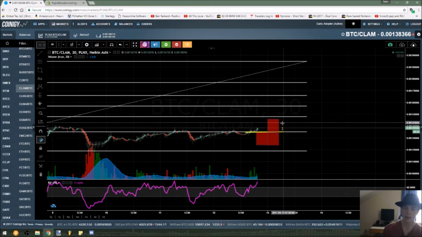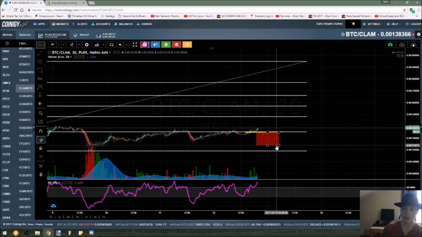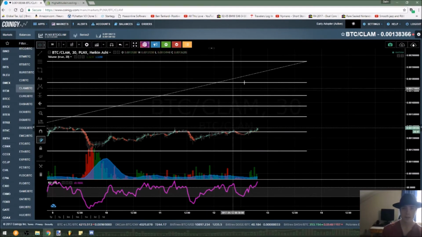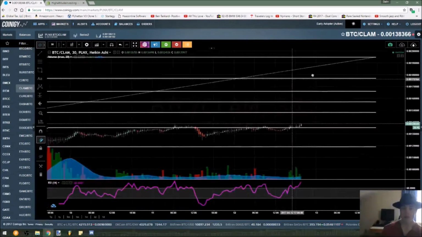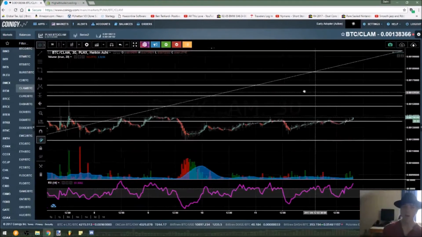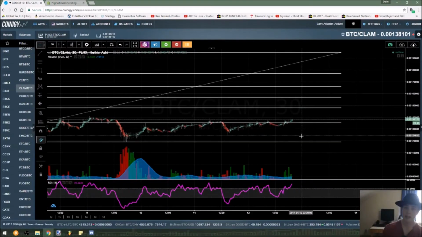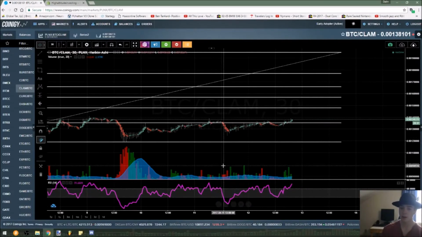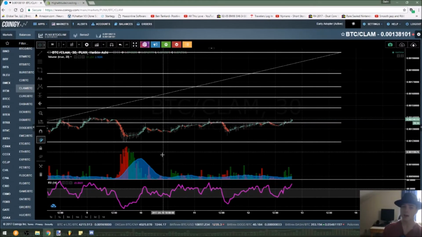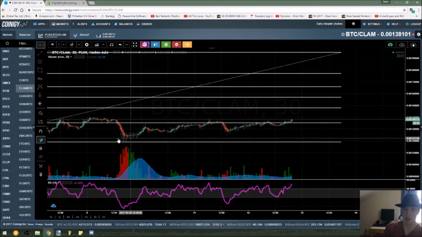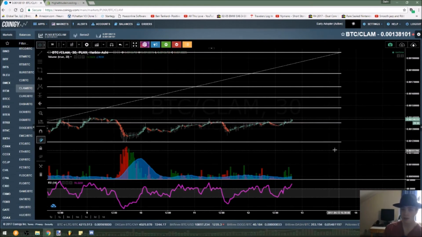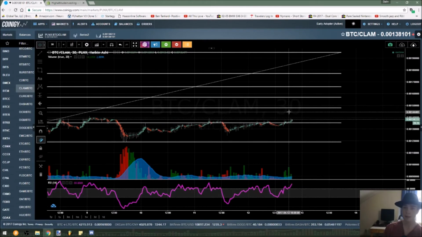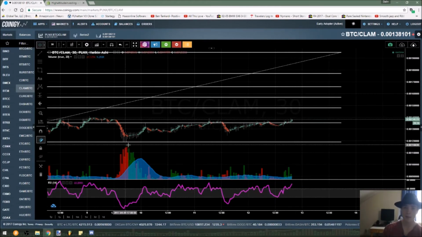Now let's get into the nitty-gritty of how you can actually use it on a chart, okay? Because that's very important. So let's say I'm looking for an entry right now. This is CLAM, 30-minute candlesticks, Heikin Ashi, with a 60 to 40 input on my RSI, and I am looking at the past day or two, a few days, and we're starting to see some pumping up here in CLAM.